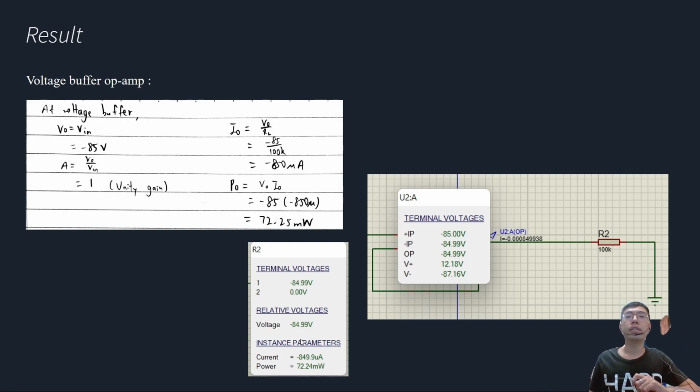So the voltage buffer here can act as an isolation between the input source and the output signal, or in other words, it is another voltage source in this stage.